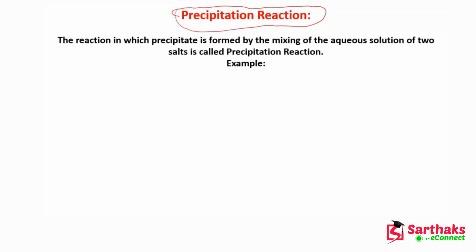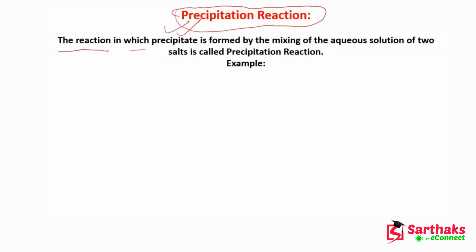So that's why that was a double displacement reaction. And in this type of reaction, because there is a formation of precipitate, it is called precipitation reaction. So let's read this definition.